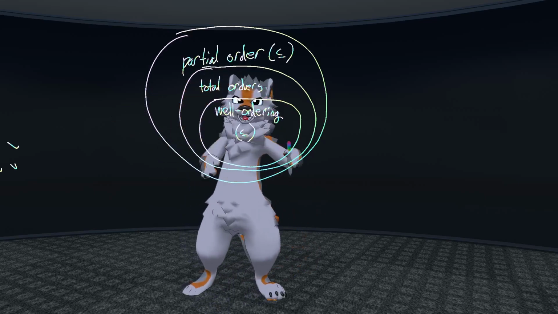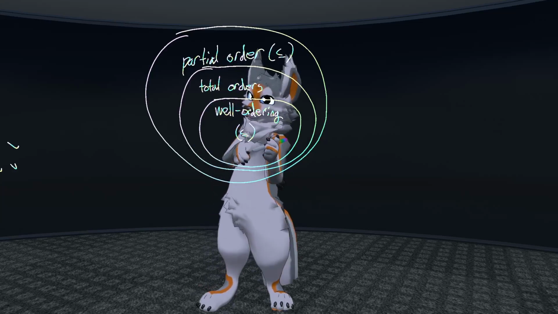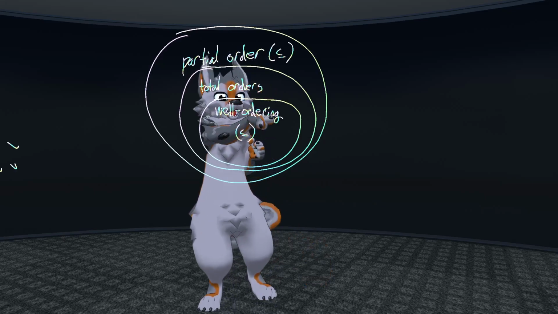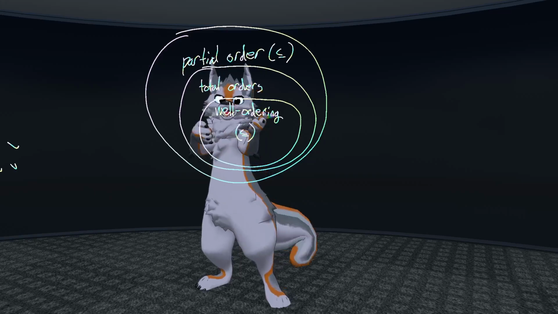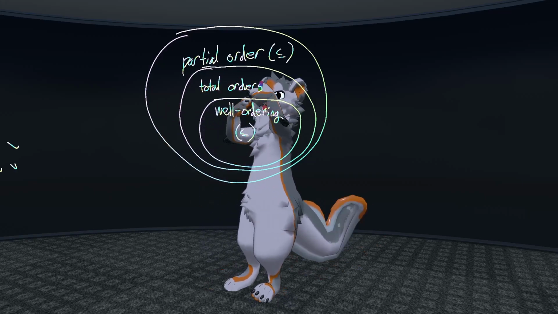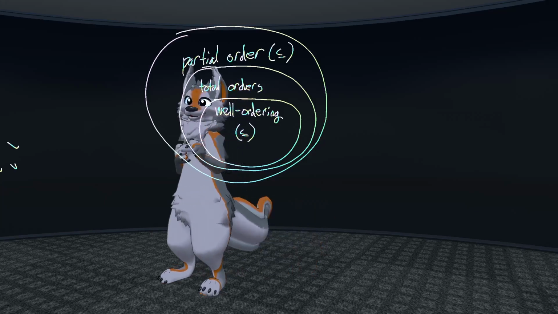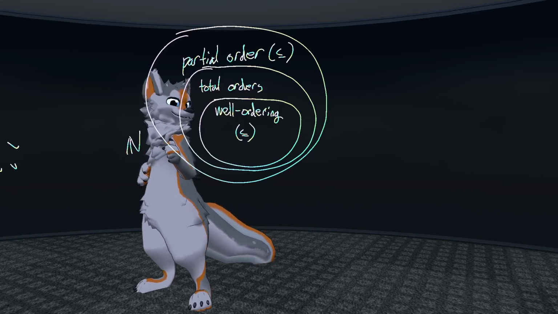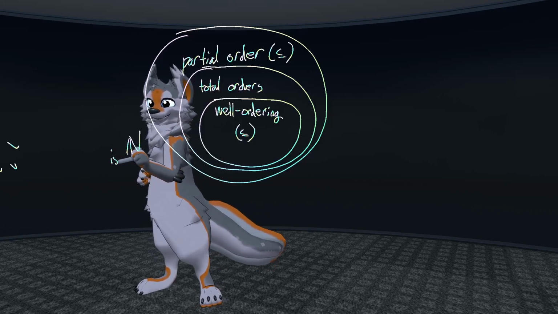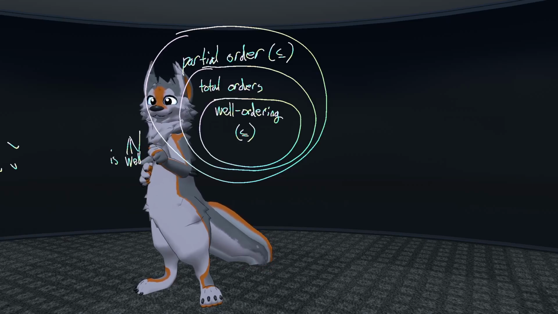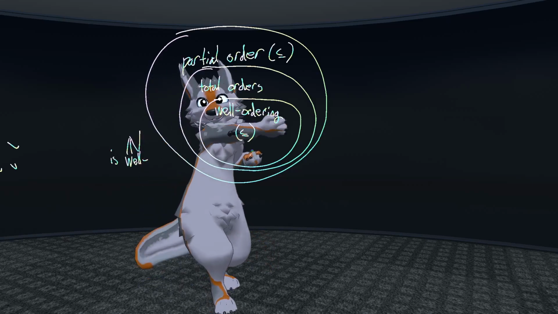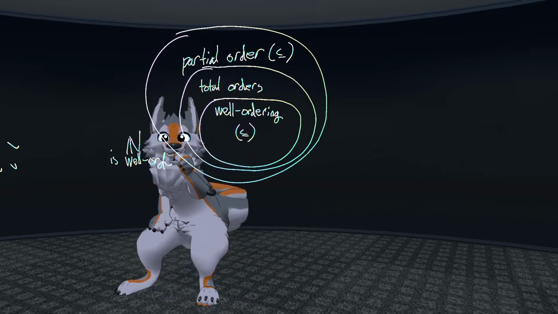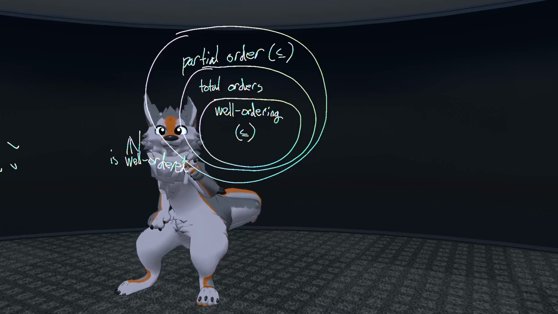You probably don't know what I'm talking about, but I'm just thinking out loud, basically. So if there's a well ordering, we say that the set of natural numbers is well ordered, because there exists a well ordering of the natural numbers. Well ordered. Great.